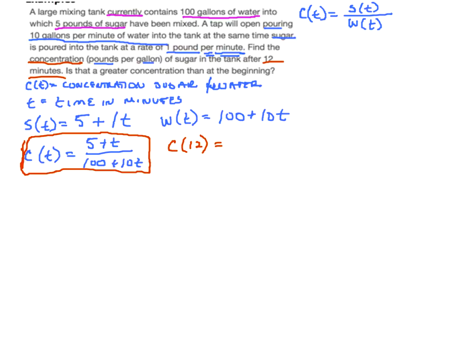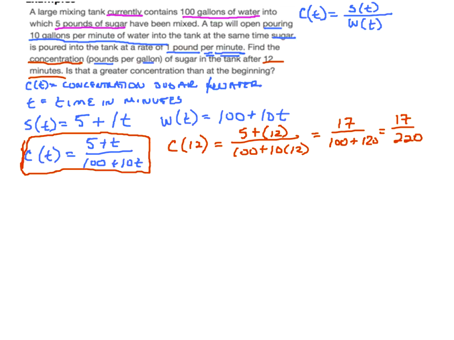But then they said, well, after 12 minutes, what's the concentration? So all you have to do to figure that out is do C of 12. So 5 plus 12 over 100 plus 10 times 12. That gives us 17 over 100 plus 120, which is 17 over 220.